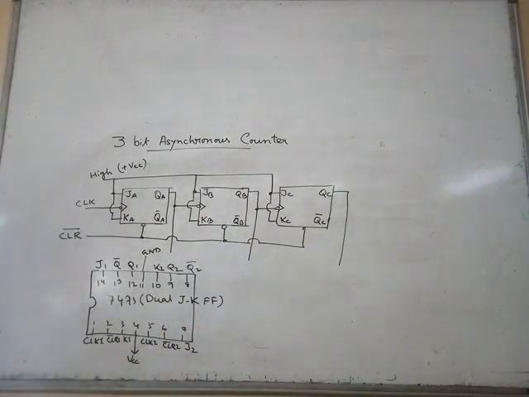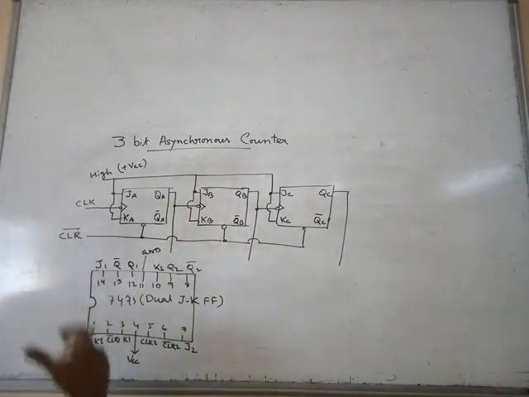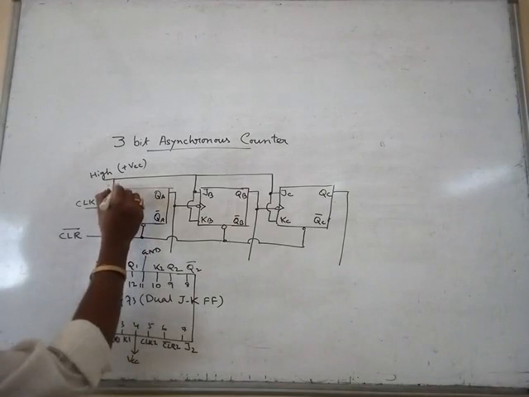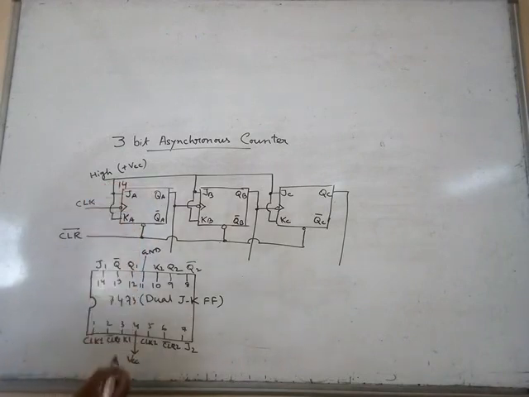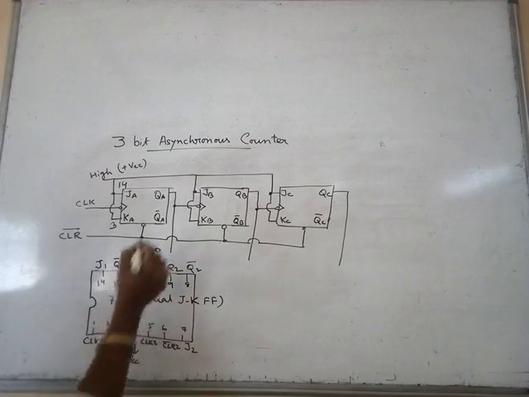As we can see that we require 3 JK flip-flops, so we need another IC. So first from this IC we can give the pin numbers. You can see J, that means J1, it is going to pin number 14. Next K, it is 3. Next QA, this one, that is 12.